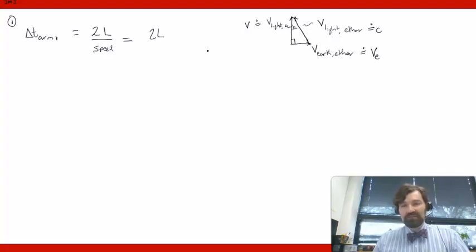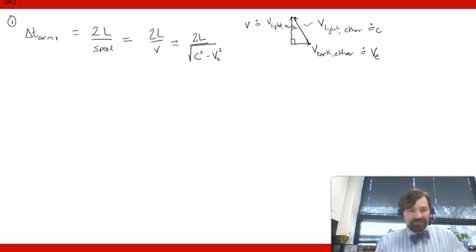And so if we're looking for the speed that we care about here, this would be the v, then that's going to be given by this speed squared minus this speed squared, since this is a right triangle. And so you'd have the square root of c squared minus v Earth squared.